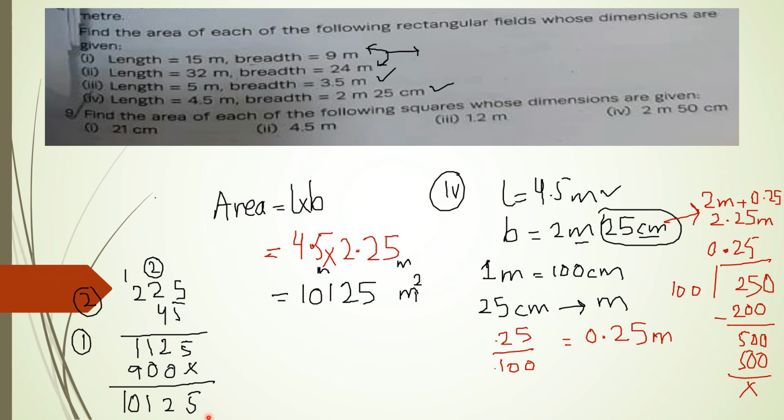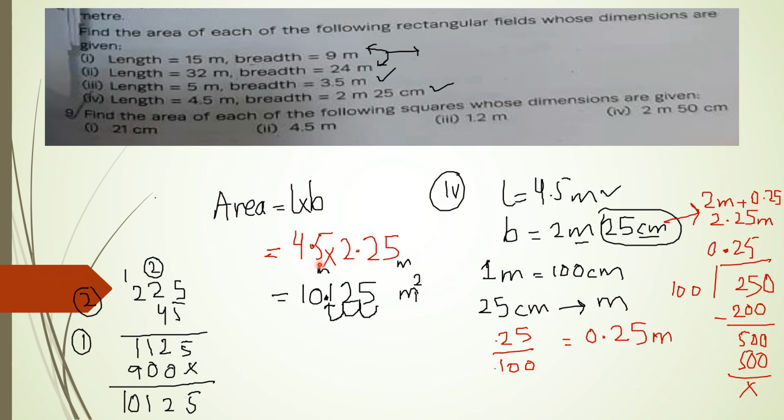Now there is one more thing: we skipped the point here, but by the end when we get the answer we will again place the point. Now see, after the point here we have one number and after the point here we have two numbers, 2 plus 1, 3, right? So that means the point will be placed before three numbers, 1, 2, 3, right here. This is how you do it. In this way it will also be easier for you to place the point when you multiply the numbers without writing the point, and later when you get the answer, then write the point.